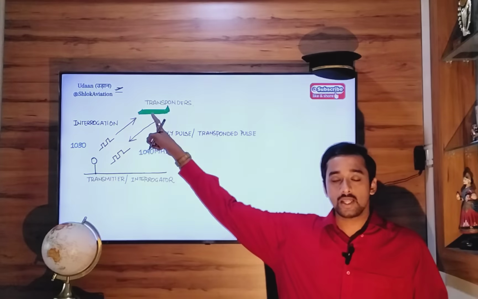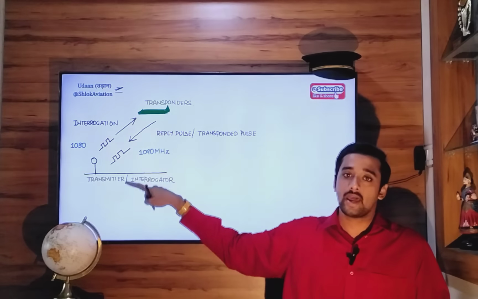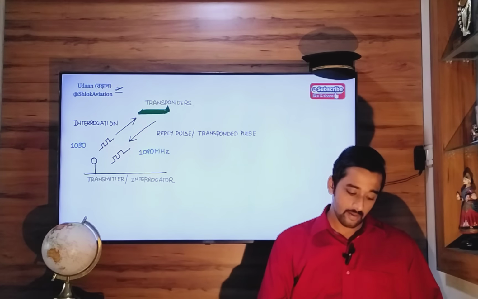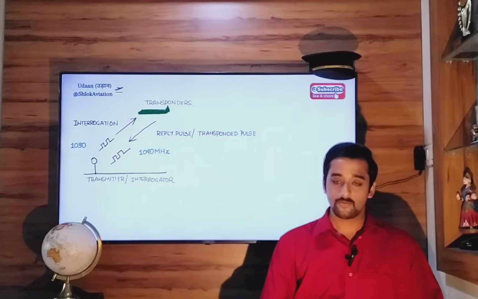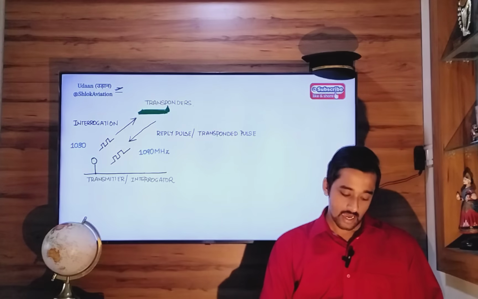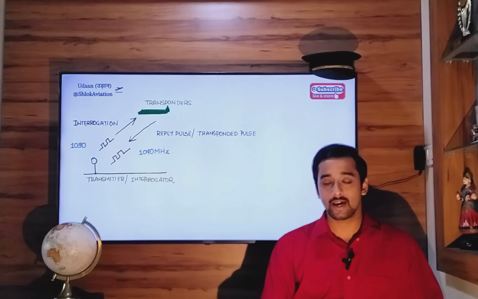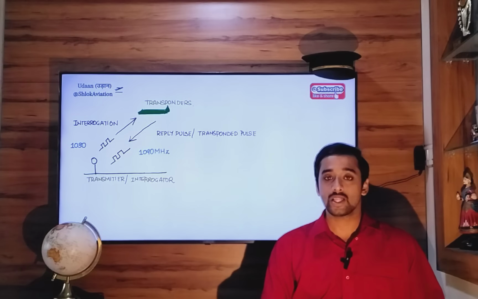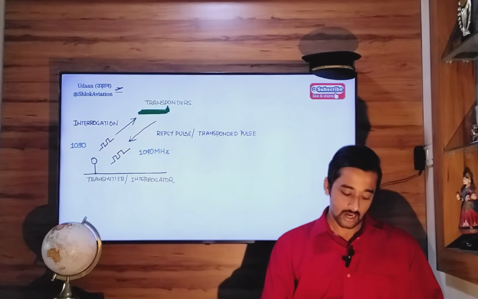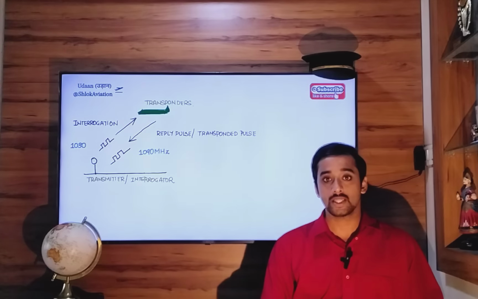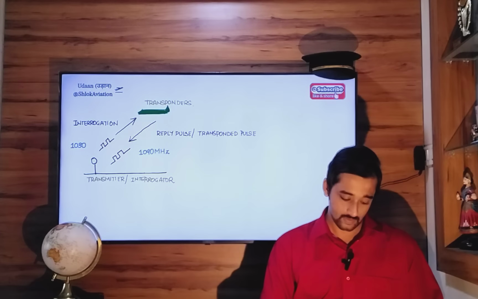One for transmission from the ground and another for transmission from aircraft. Okay, so remember always ground stations 1030 and transponders 1090 megahertz. So your aircraft will always transmit at 1090 megahertz and ground will always transmit at 1030 megahertz.